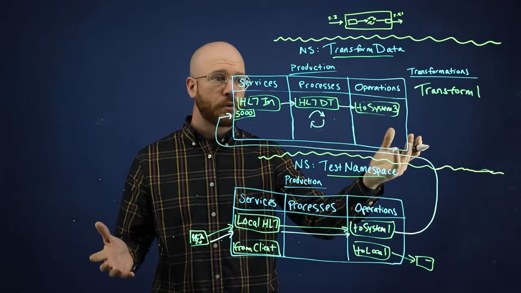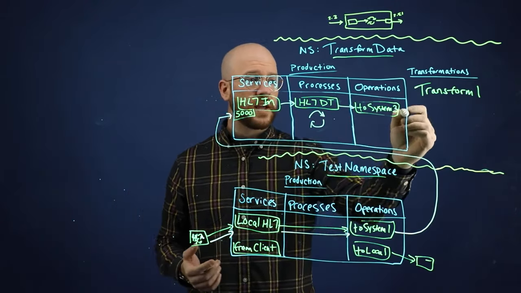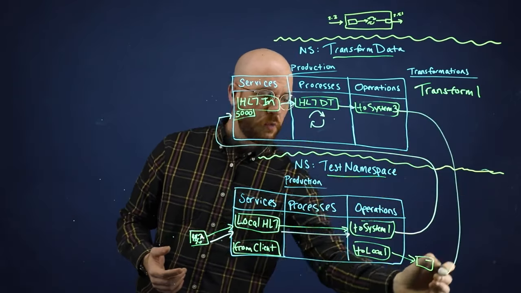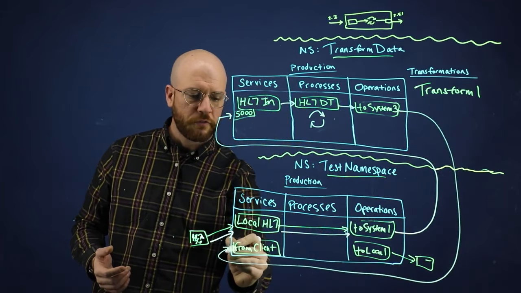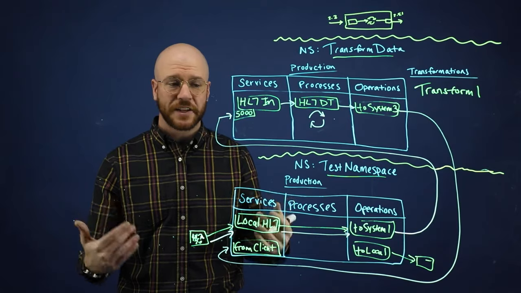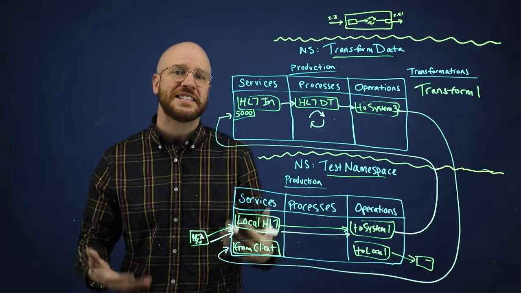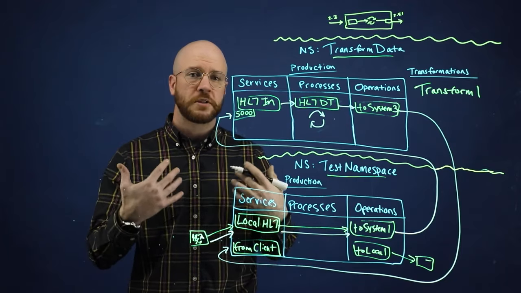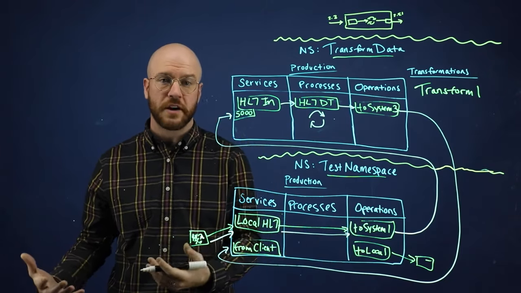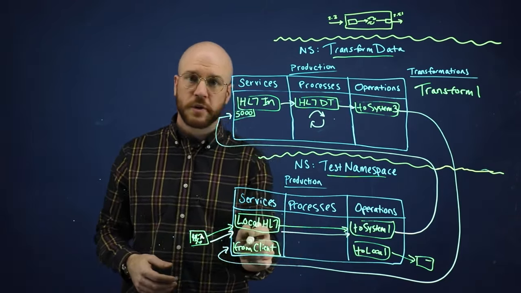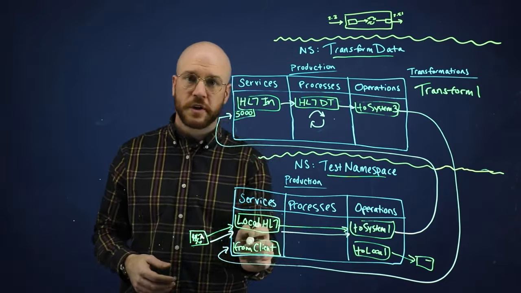So now it arrives at operation to system 3, and this system now is going to send this all the way back down to the from client service that is actually on the same namespace, your test harness namespace, but it's acting as a different system. It's portraying a downstream system instead of an upstream system. So here, from client receives that message, passes it along to the to local business operation, which then can output this to a folder in the end.